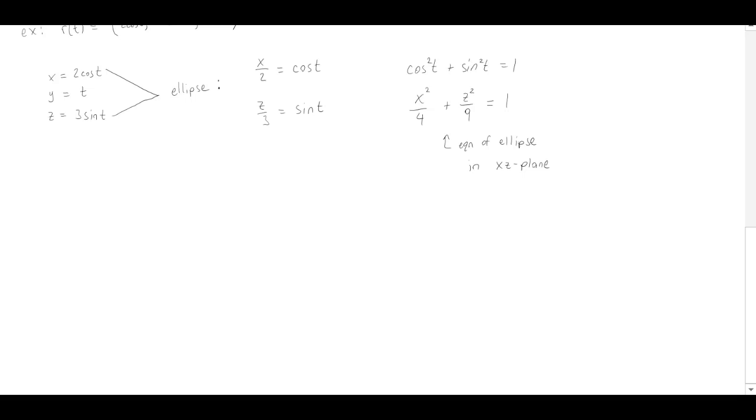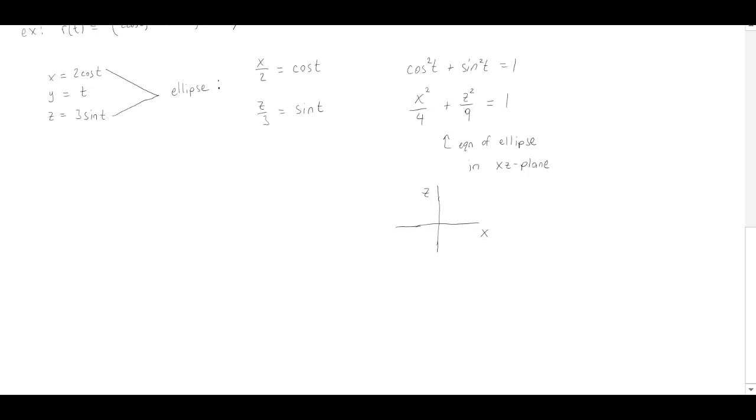If I were to sketch this ellipse in the xz plane right now, I like to sketch an ellipse by finding the intercepts. So notice, for instance, when x is 0, z would have to be plus or minus 3.